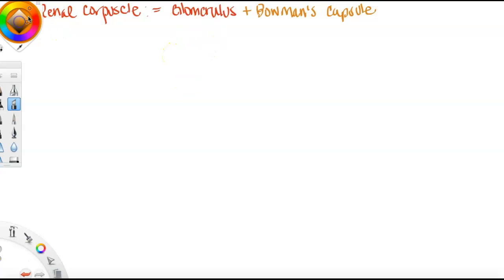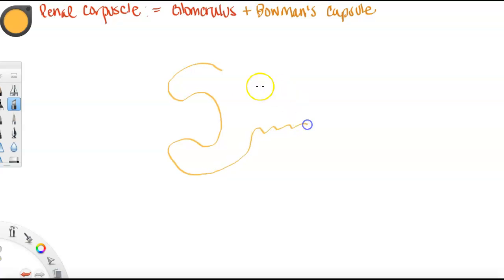So if we start with our little Bowman's capsule, all right, so there's Bowman's capsule. This is the proximal convoluted tubule there.